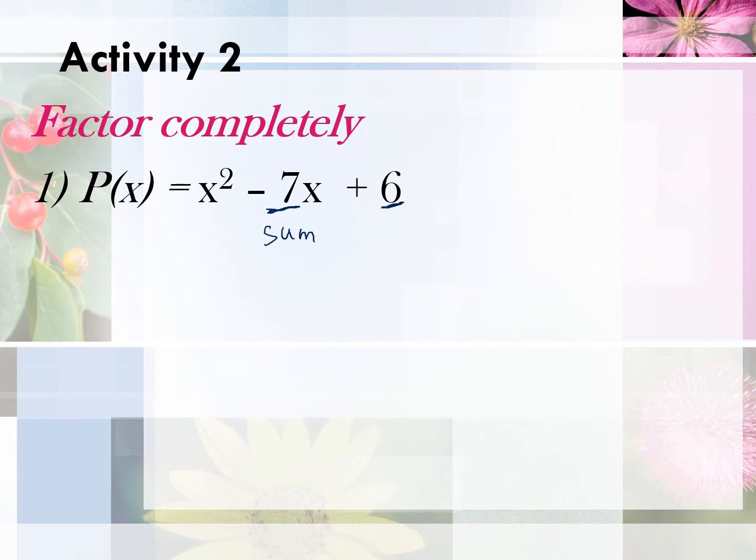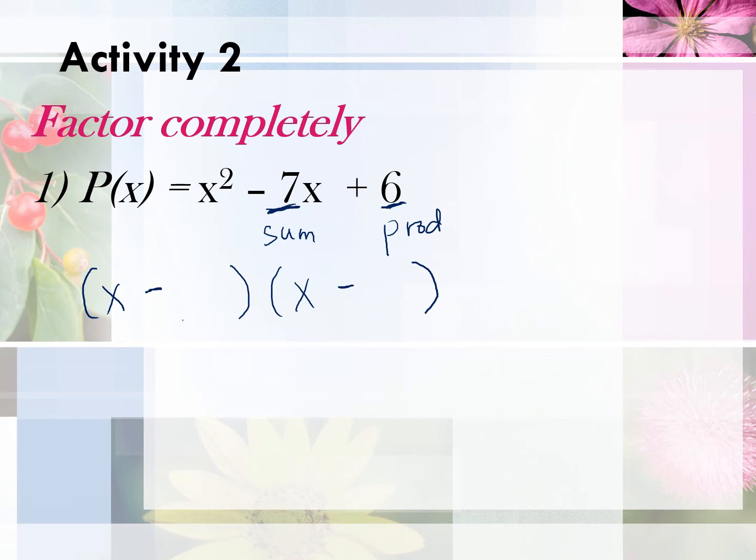And then, yung nasa dulo, this is the product. So, ngayon, since ang sum natin ay negative, tapos ang product natin ay positive, ibig sabihin yung factors natin ay dalawang negative. Yan, dalawang negative.